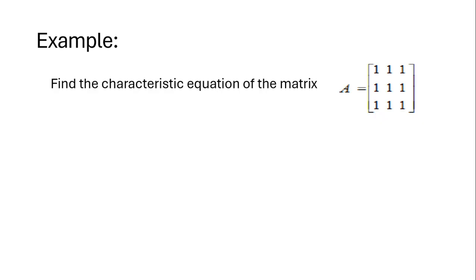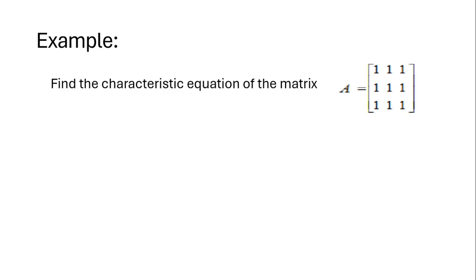Let me explain with an example how we calculate the characteristic equation. Given a familiar 3 cross 3 matrix A with 1, 1, 1 in the first row, 1, 1, 1 in the second row and 1, 1, 1 in the third row also.